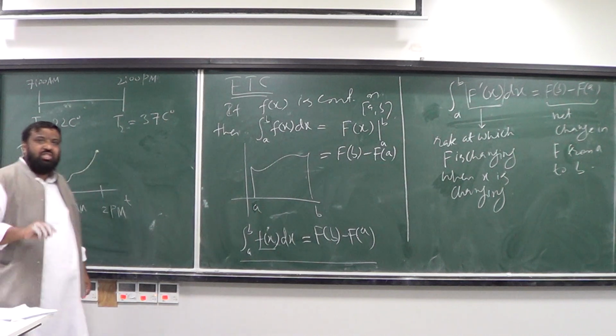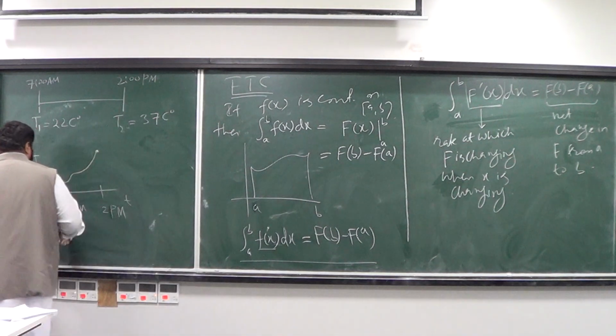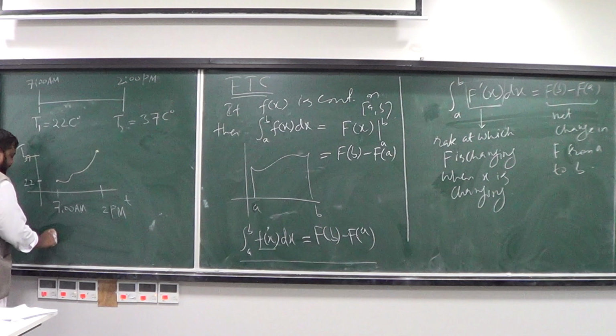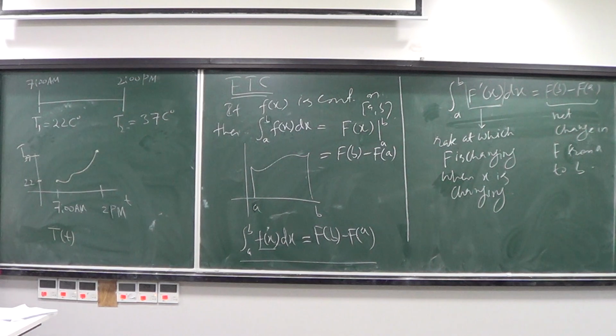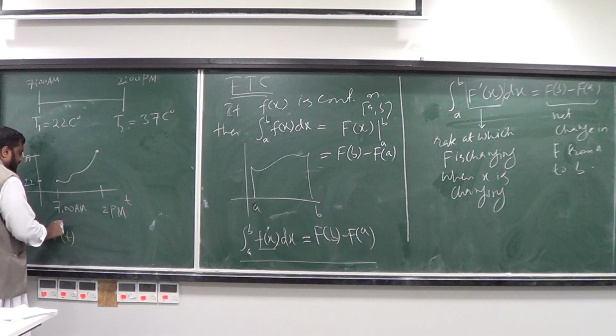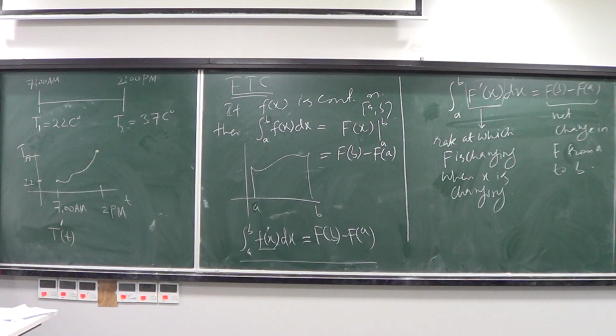So what is the fundamental theorem of calculus telling you? The fundamental theorem of calculus is telling you that if you keep track of, or put together, all changes in temperature, okay, all changes in temperature, so if you sum all changes in temperature, say from 7 a.m. to 2 p.m. or whatever, you can call it 7 to say 14.